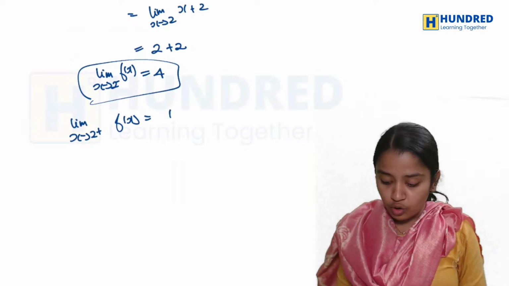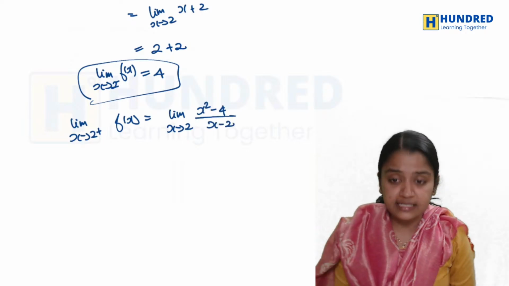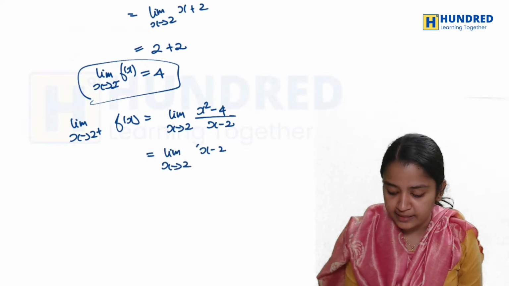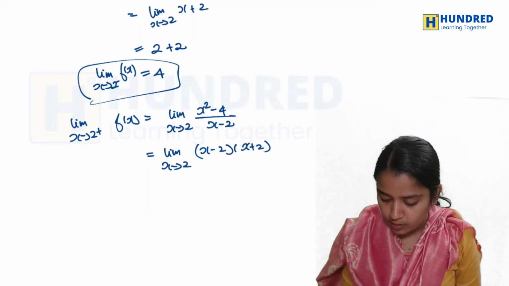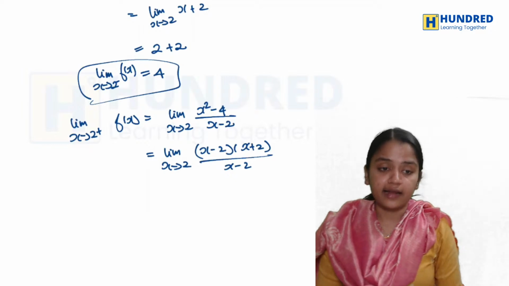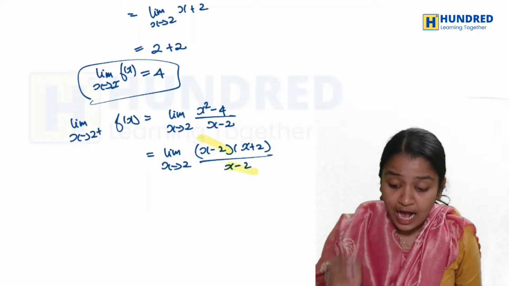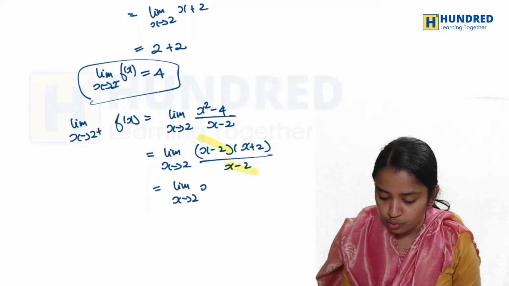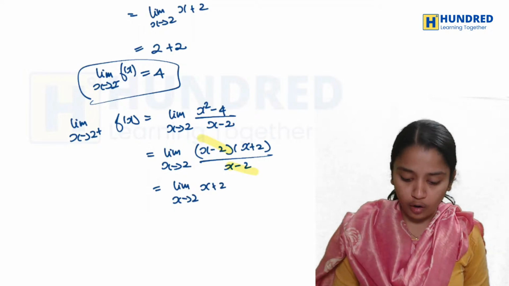So the limit as x tends to 2 of x square minus 4 by x minus 2, I am just splitting it and writing. This and this get cancelled, so it will be the limit as x tends to 2 of x plus 2. Now I am substituting the value of 2.